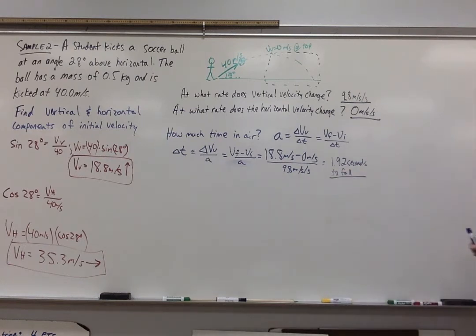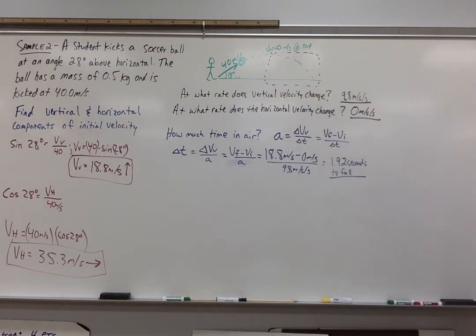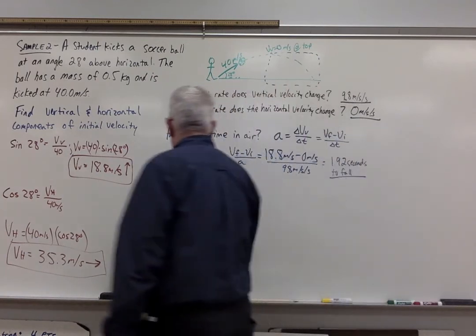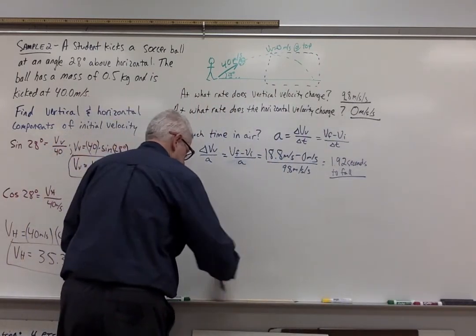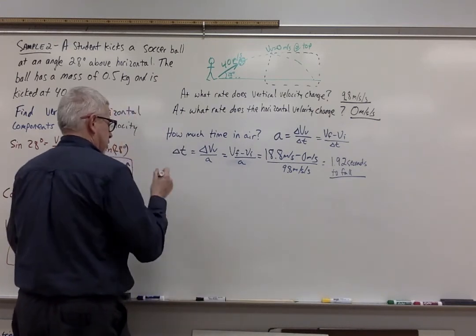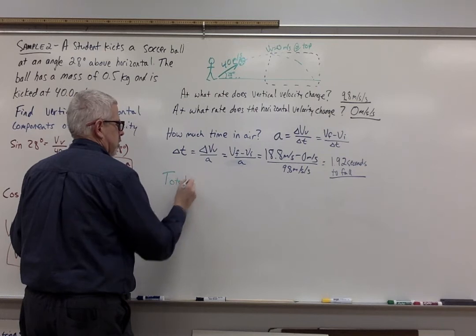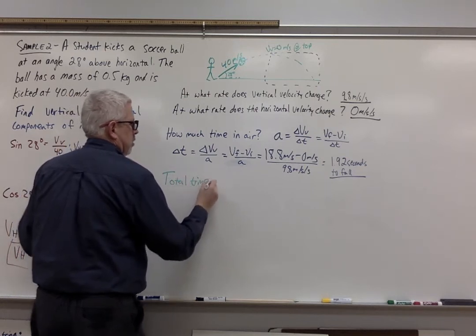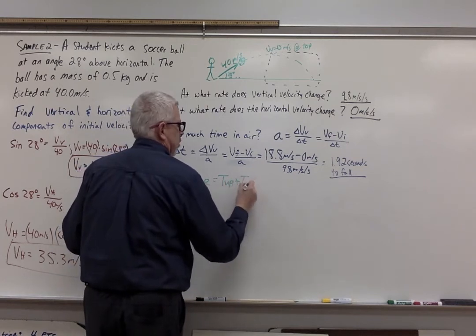That's not the total answer yet, because that's only the time for that half of the trip. I need to find the time for the whole trip. T total is T up plus T down.